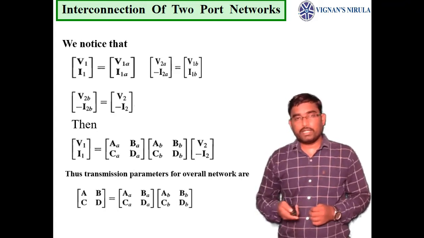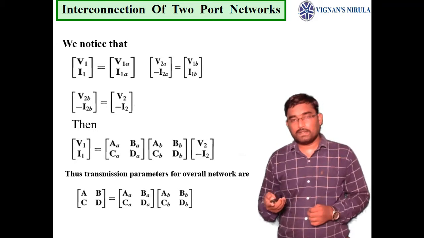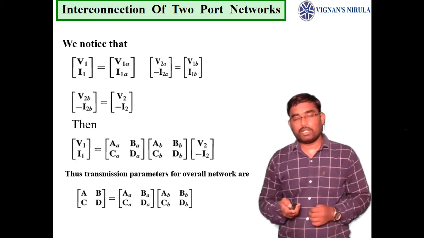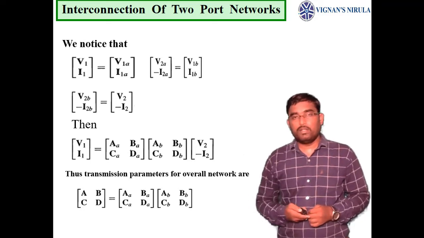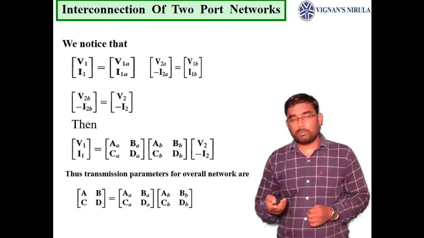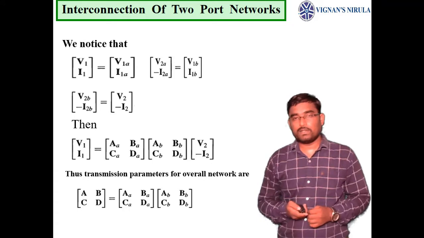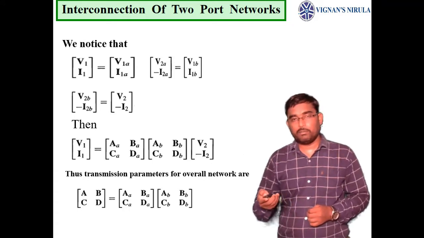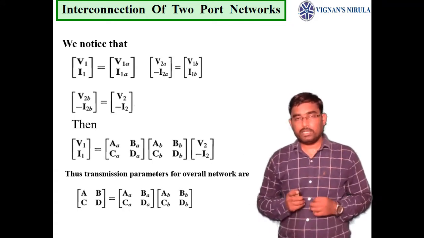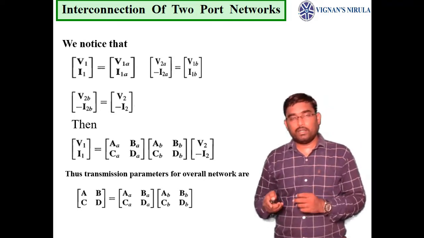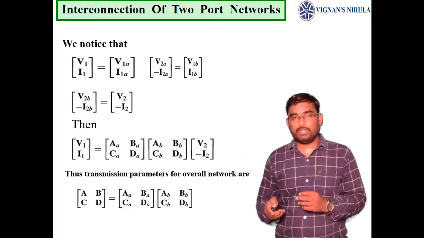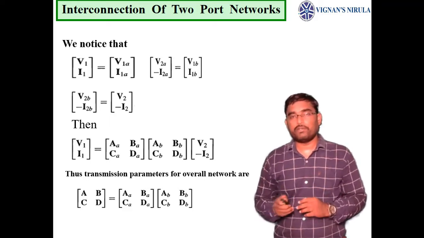Now, we can take that multiplication of two matrices as [A, B; C, D], then [V1, I1] equals [A, B; C, D] into [V2, minus I2], where the ABCD matrix can be obtained by multiplying those two matrices [AA, BA; CA, DA] and [AB, BB; CB, DB]. In this way, A, B, C, D are the ABCD parameters for the overall cascaded two-port network.